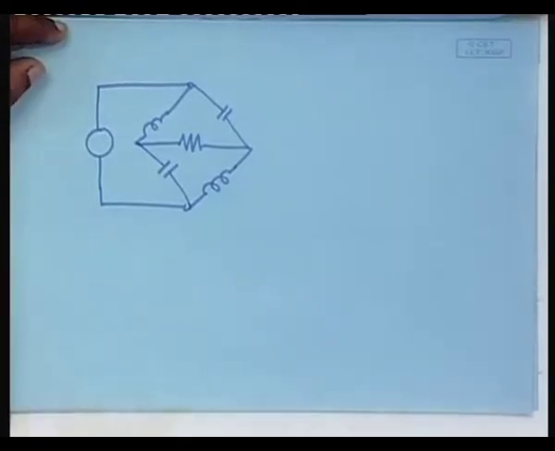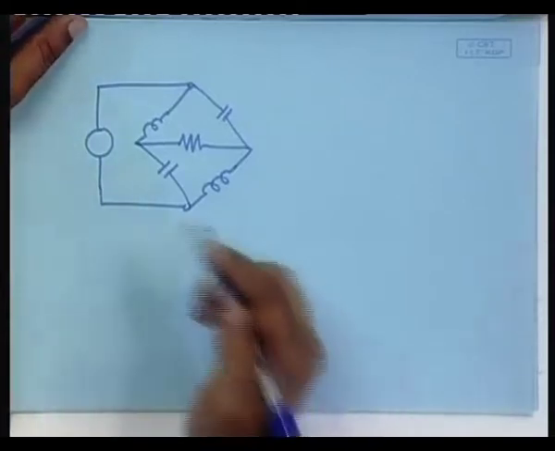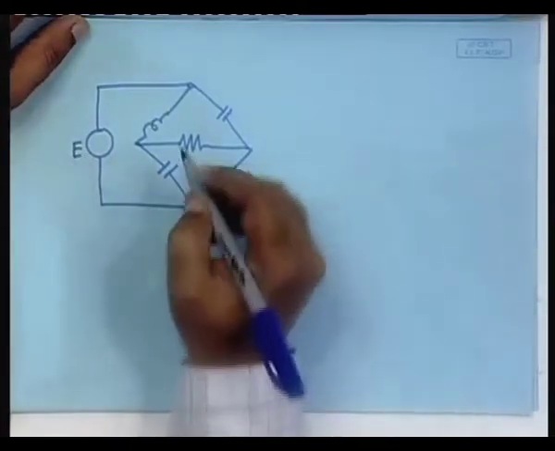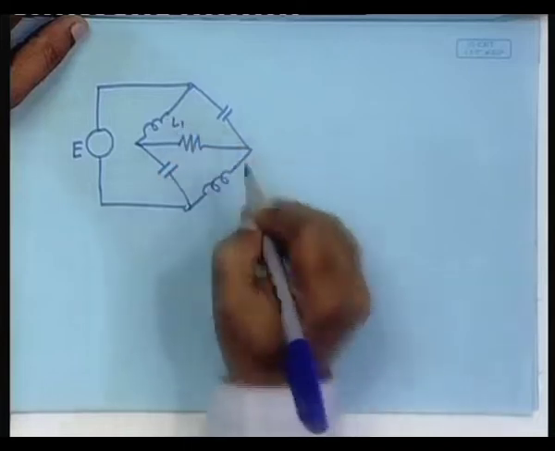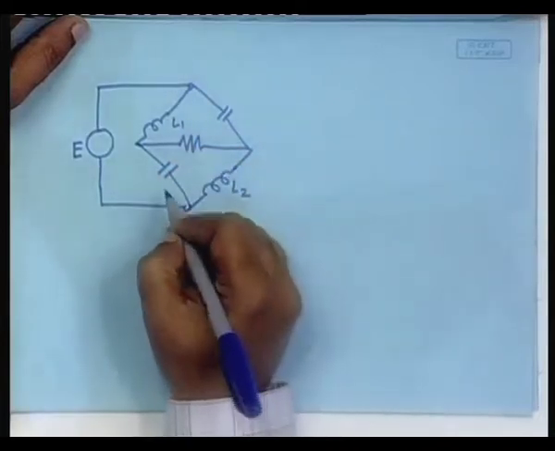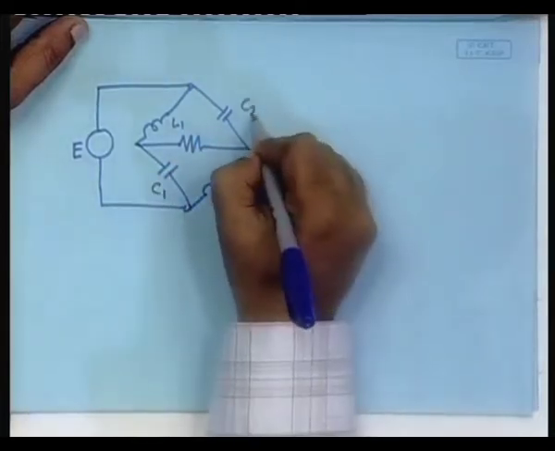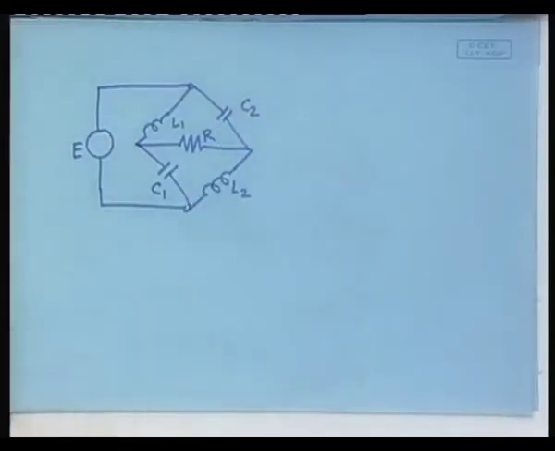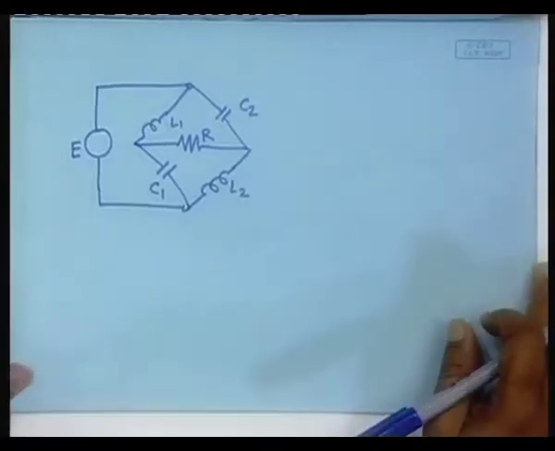By other methods it will be extremely difficult, by any other method. By this method it will be rather simple. So, it is L1, L2, C1, C2, R. Do it. First, quickly draw the graph.